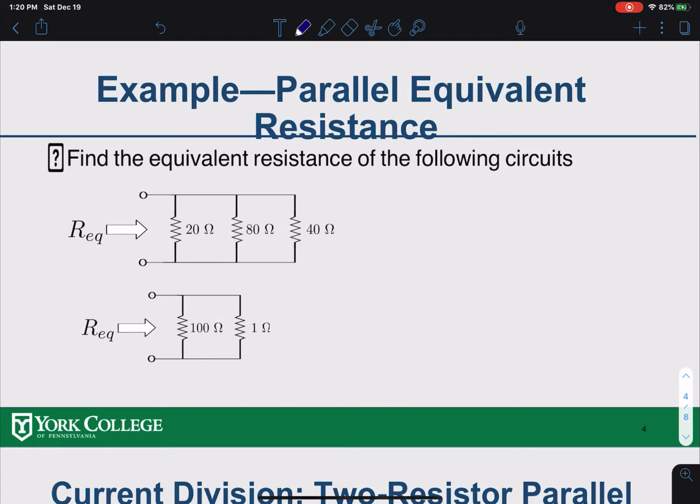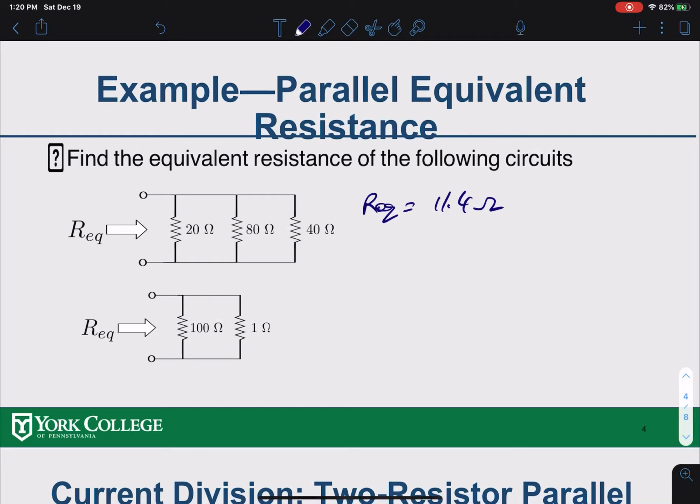If we do the math for these two connections, the first one, we're going to justify in class, should give you R equivalent is 11.4. You can justify that using equations, and you can see that the equivalent resistance is smaller than the smallest resistance in the parallel connection.